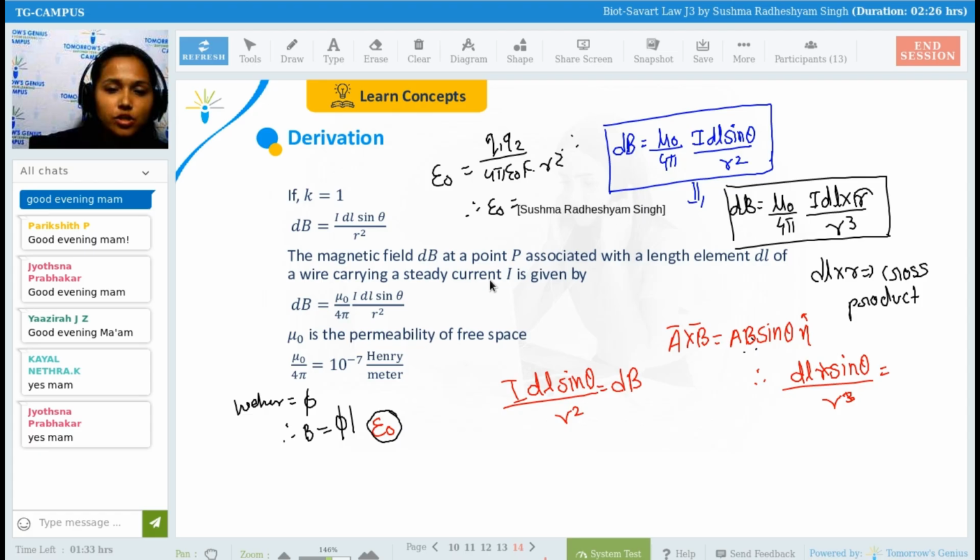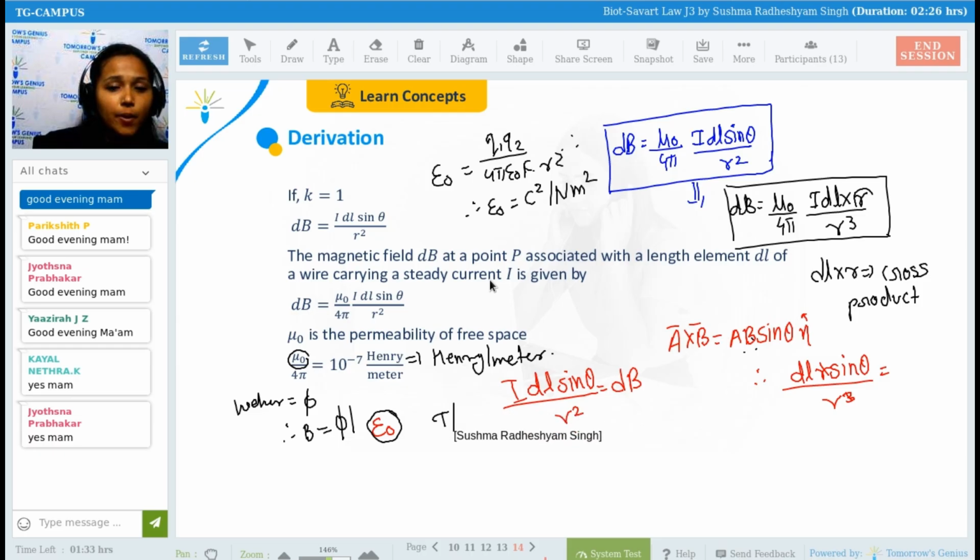So according to this, epsilon naught has the unit Coulomb square per Newton meter square. In a similar manner, mu naught also has a unit, and its unit is Henry per meter. Or sometimes it is also called Tesla meter per ampere. Getting this clear?